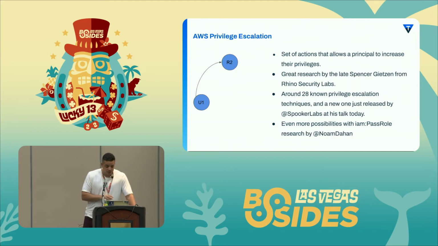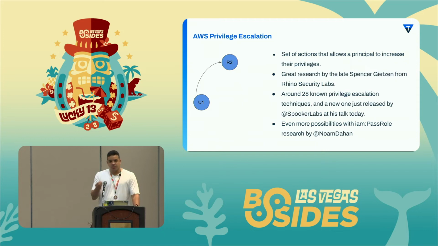There was great research by the late Spencer Gietzen from Rhino Security Labs, and he found out at least 28 privilege escalation techniques. And there was a really new one released by Spacker Labs today in his talk, if you guys saw it, about AppStream.